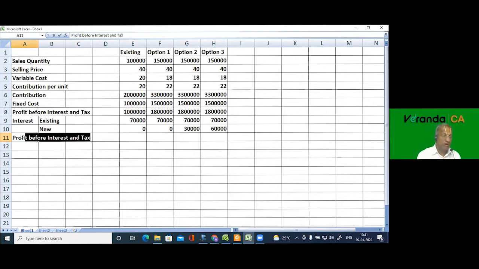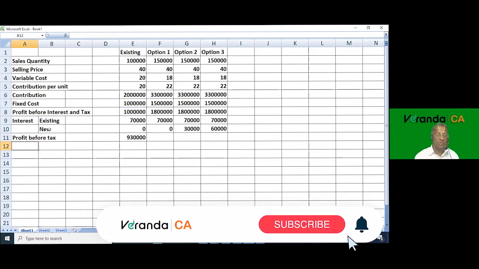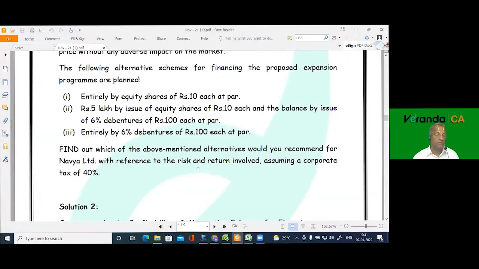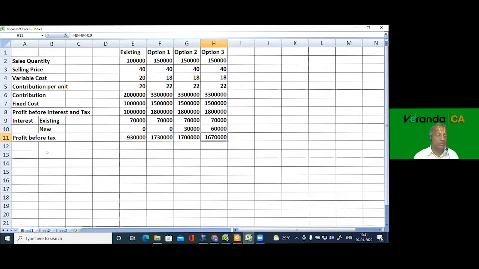So profit before tax. Profit before interest and taxation minus these two will give this number. Correct? So they are asking about risk and the return. And corporate tax is 40% is what they mentioned. So now let us just take up tax at the rate of 40%.